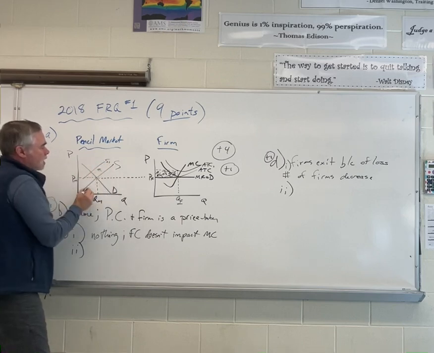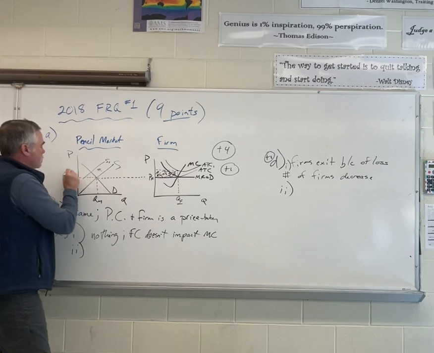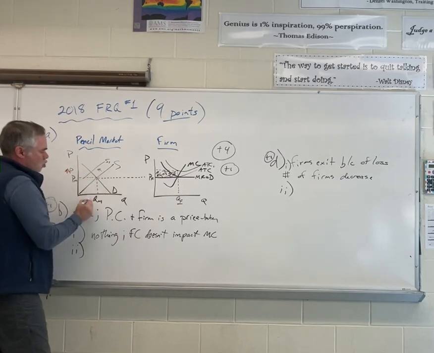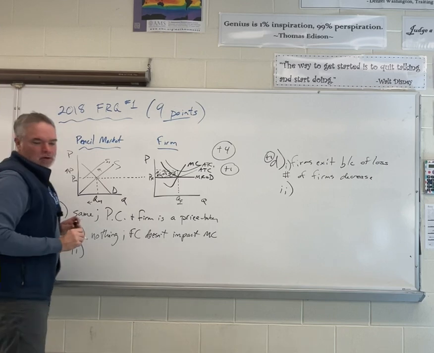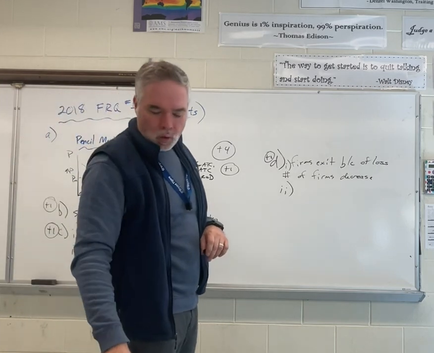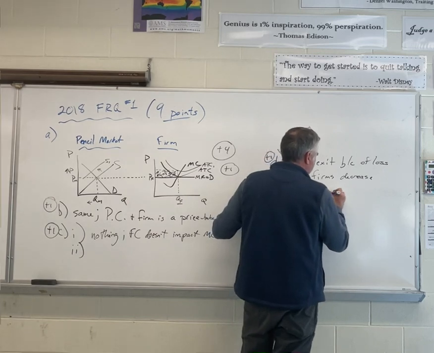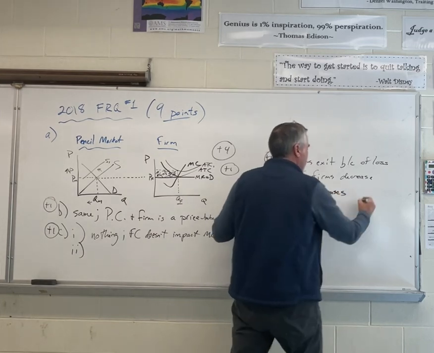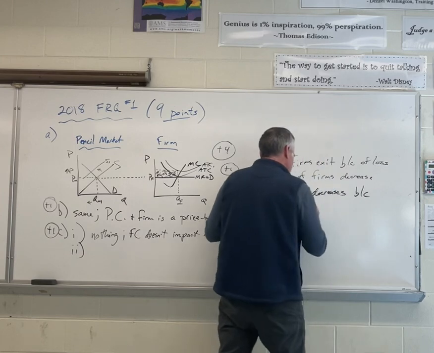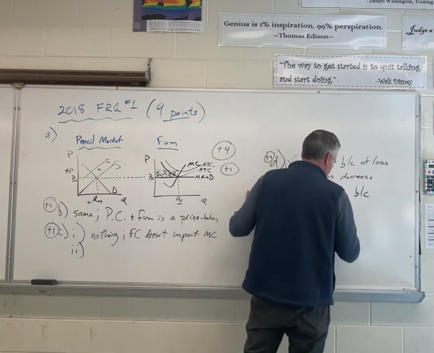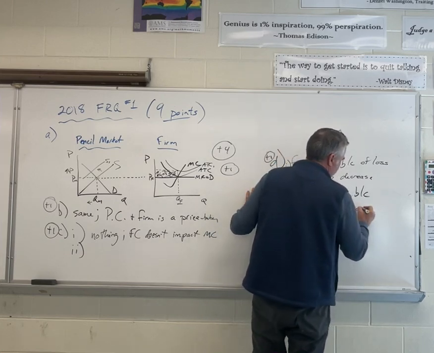So your supply goes down. What happens to your price? Your price is going up, your quantity is going down. So the question they're asking about is the quantity. So you're going to say the quantity decreases, because supply decreases when firms leave the market.